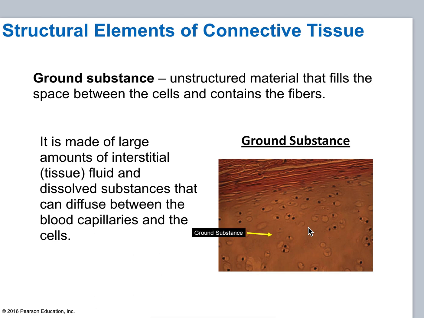The definition of ground substance is unstructured material that fills the space between the cells and contains the fibers. Like in this slide here, the ground substance is this material between the cells. The cells are noted by the dark dots here. This is like cartilage tissue, and the area between the cells is the ground substance.